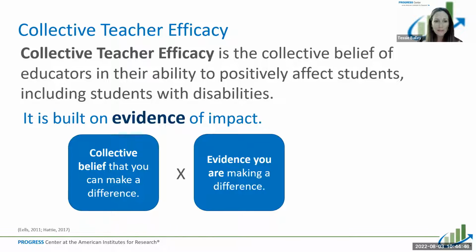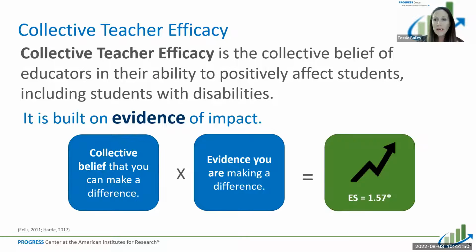But while that seems like just this belief and seeing the impact, we know that that makes the difference, right? And if you're familiar with Hattie's work on effect sizes, we generally say a 0.4 is equivalent to a year's growth. This collective belief within our school, within our system, that we can do it has an effect size of 1.57, right?